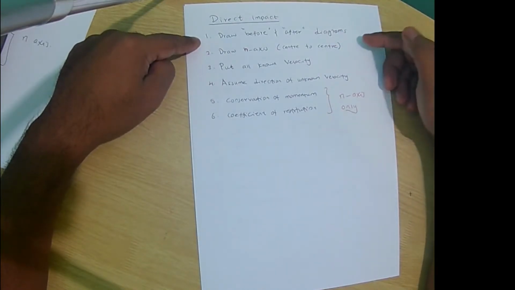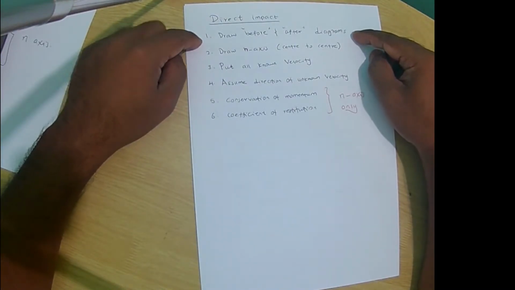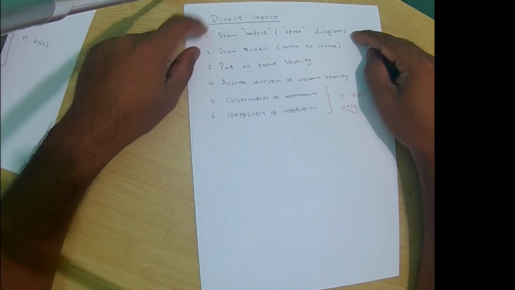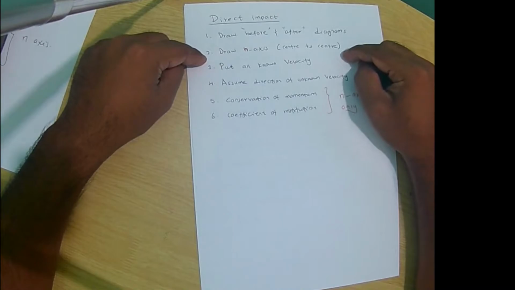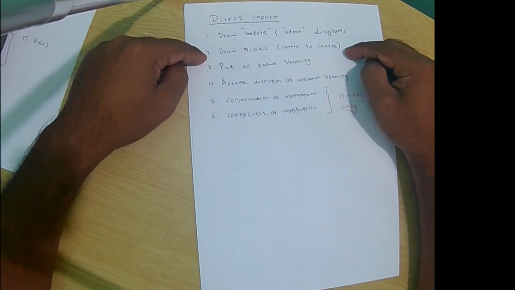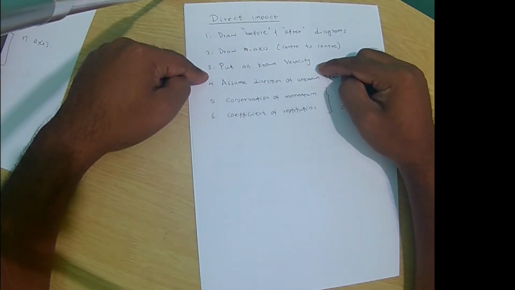If it is direct impact, you only have one axis, which is the n-axis. So draw the n-axis, center to center, and put in all the known velocities, known in terms of direction and also magnitude.